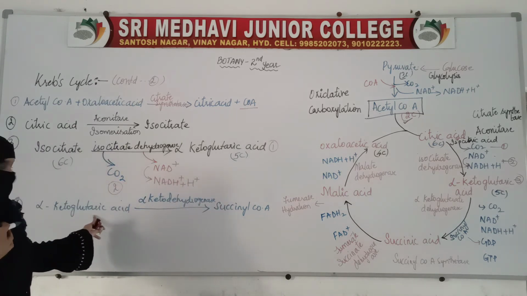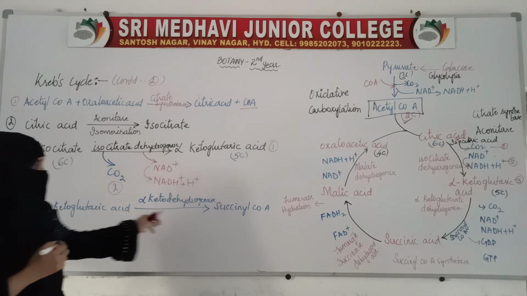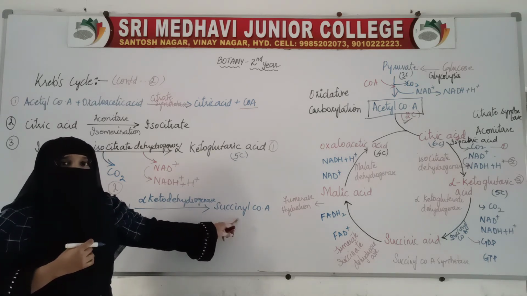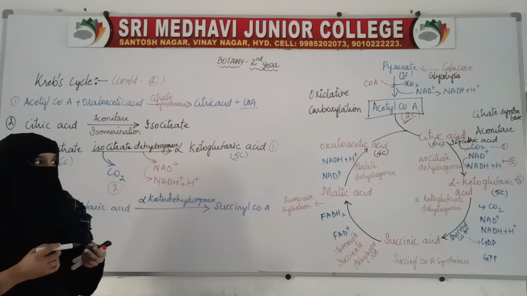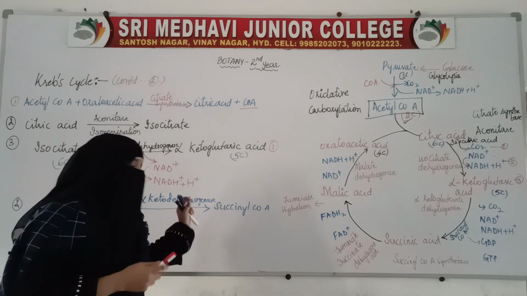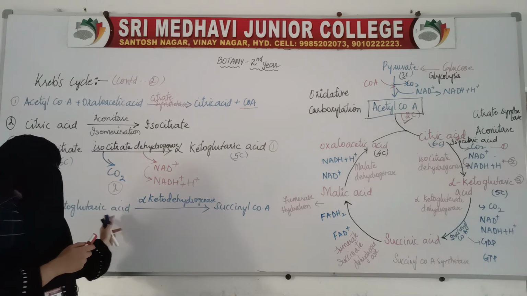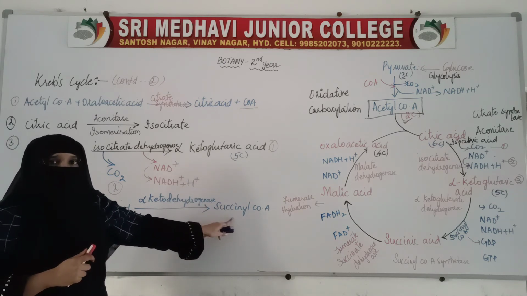Here in this reaction, alpha ketoglutaric acid has changed into succinyl coenzyme A with the help of the enzyme alpha ketoglutarate dehydrogenase. Dehydrogenase is the enzyme which is changing alpha ketoglutaric acid to succinyl coenzyme A.